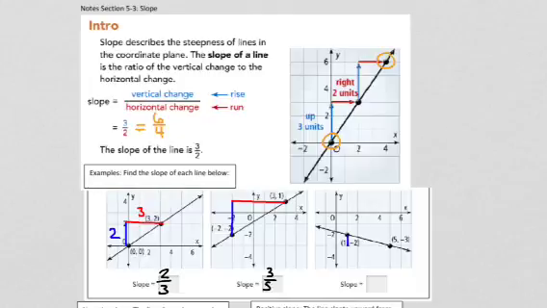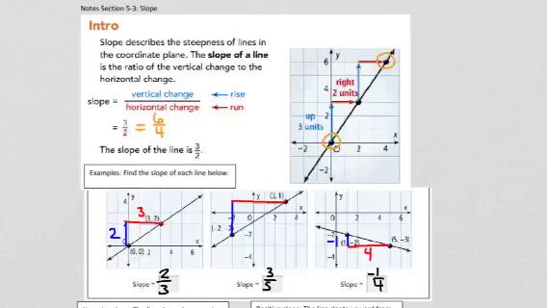We fall. So in order to show that we're falling, the vertical change goes down 1. So notice that I put a -1 for down 1, and I go to the right 4 units. So the vertical change is down 1, and the horizontal change is right 4, so the slope is -1 over 4.